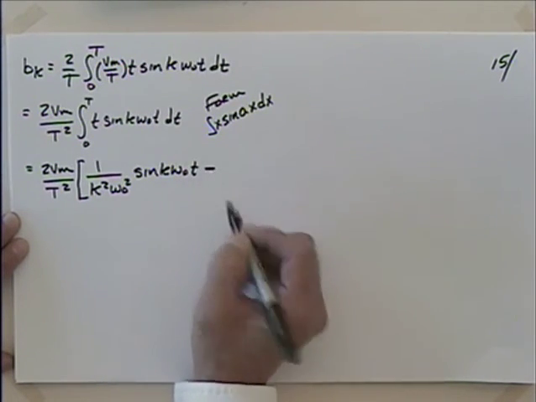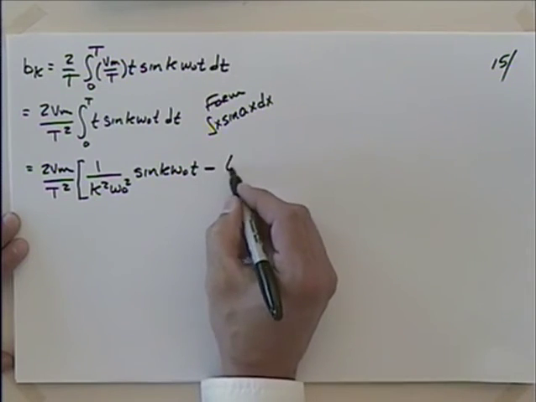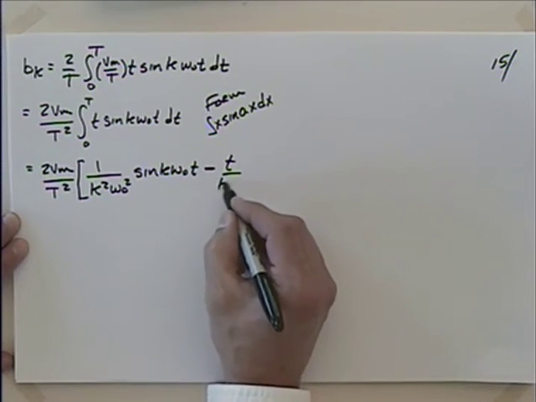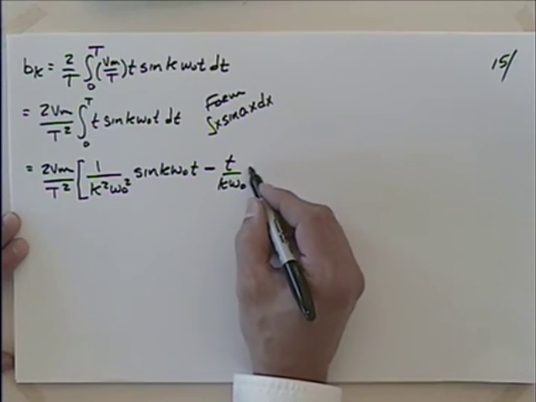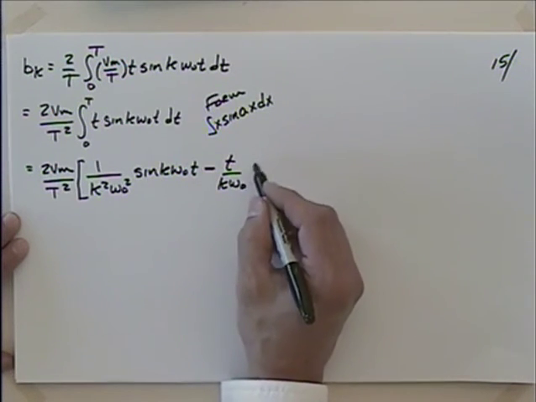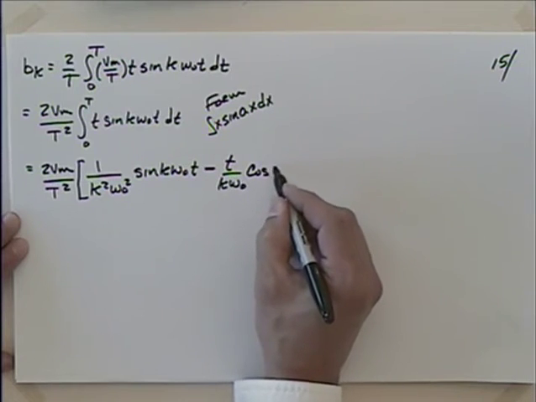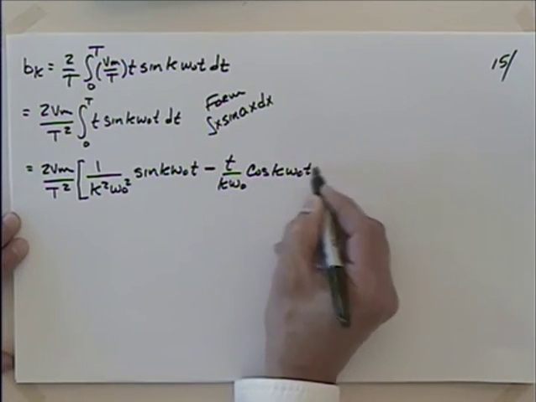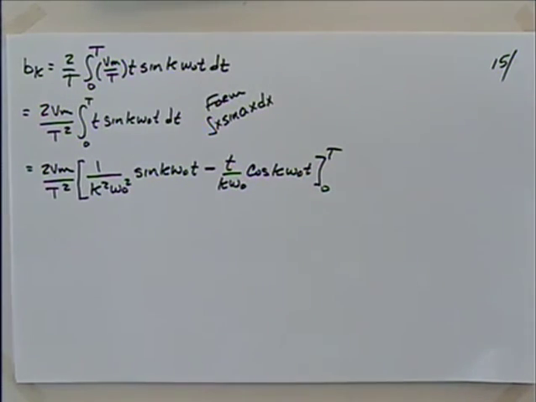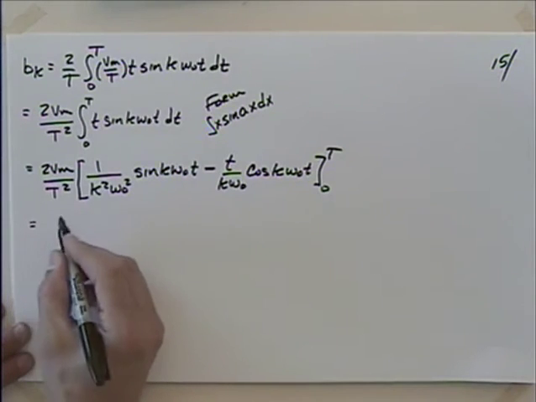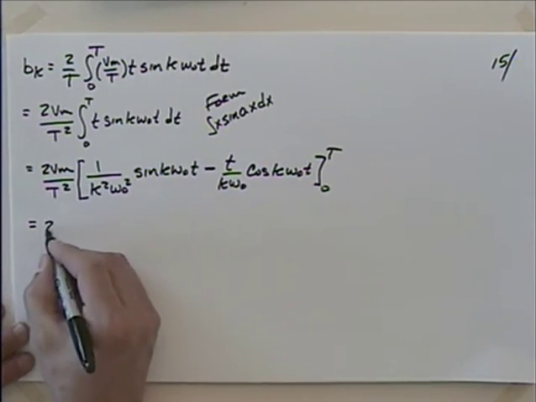And then we have a minus here, so that's one difference. So we have sine, this will then be cosine. Yeah.